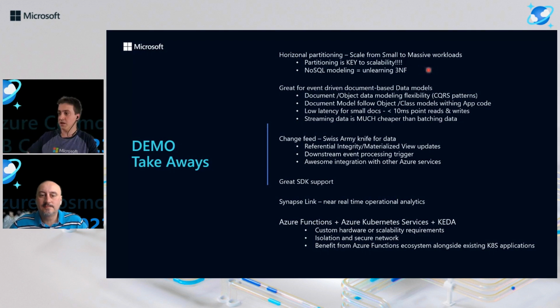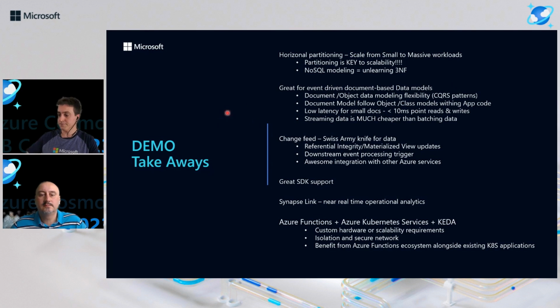So keep an eye on modeling for massive workloads. We have a great event-driven document-based data model, so we can pretty much deserialize and serialize objects very easily from our code. We could rely on the CQRS pattern as well for different data modeling and changing data for consumption.